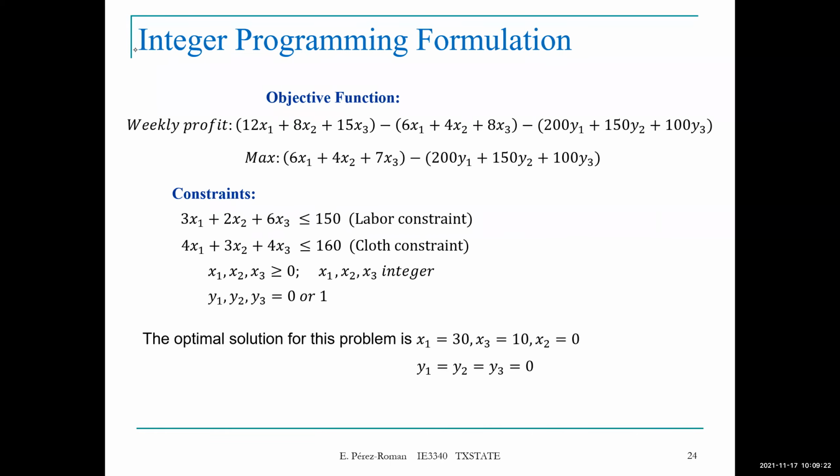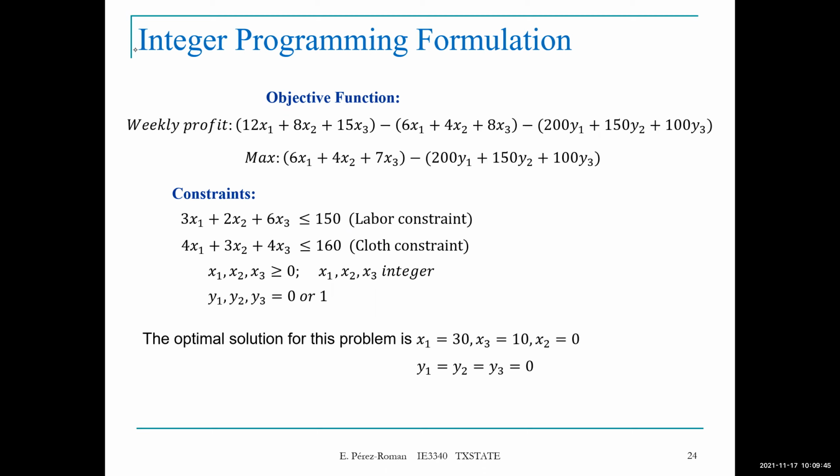X is showing up in these two constraints. Y is not showing up in these two constraints. So y1 and y2 have a cost associated with them in the objective function, right? So you don't want to add cost to your decisions. So obviously this is going to be 0, because if you make this 1, it's going to decrease your profit, right?